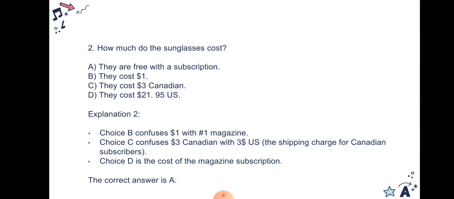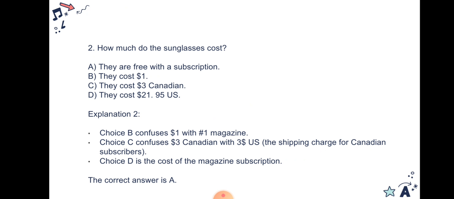Question number 2. How much do the sunglasses cost? A. They are free with a subscription. B. They cost $1. C. They cost $3 Canadian. D. They cost $21.95 US.